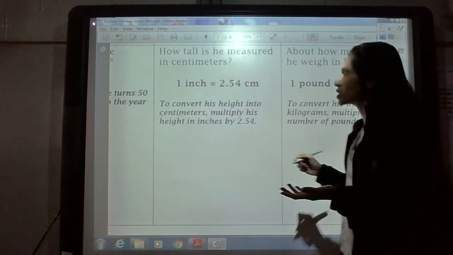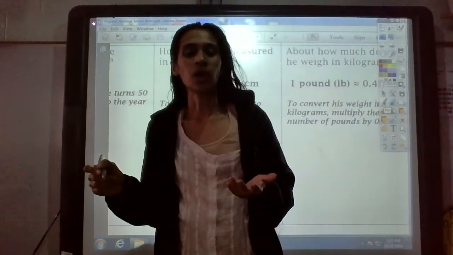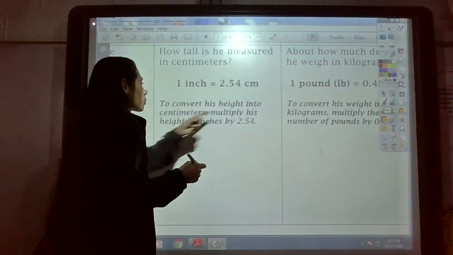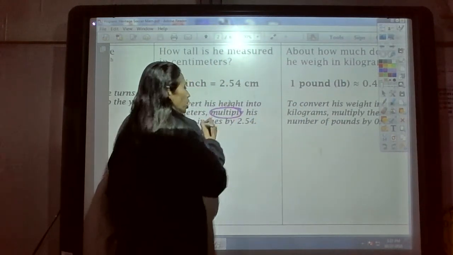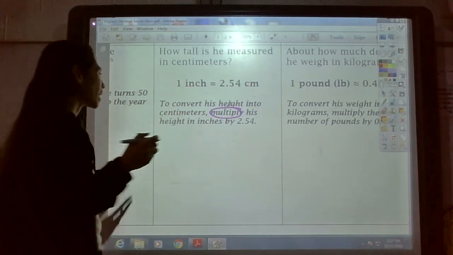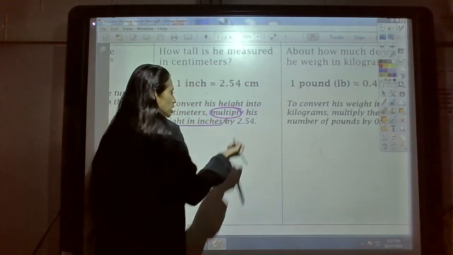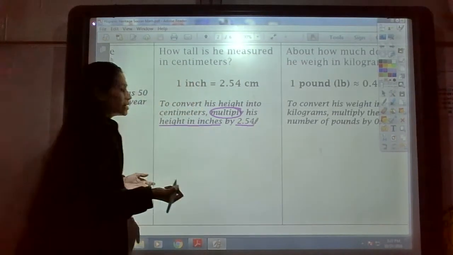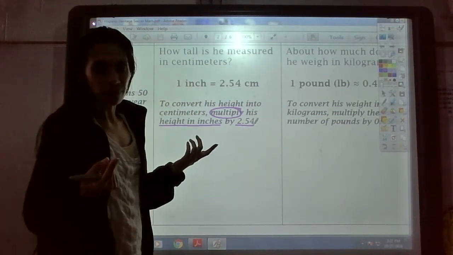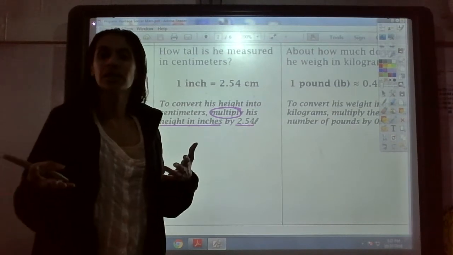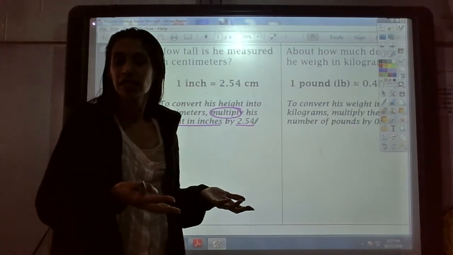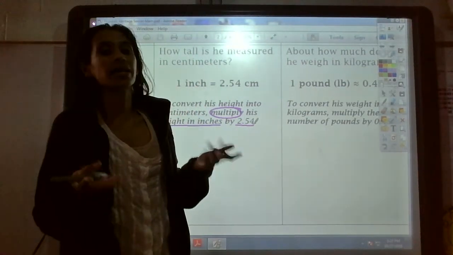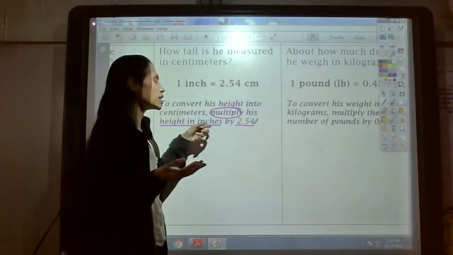So there's only one thing to do in this problem. What operation? Multiply. What are we multiplying? His height in inches by 2.54. Now, at the top it says he is 5 feet 7 inches tall, but that's not the information I need because that had feet in it and this one says inches.